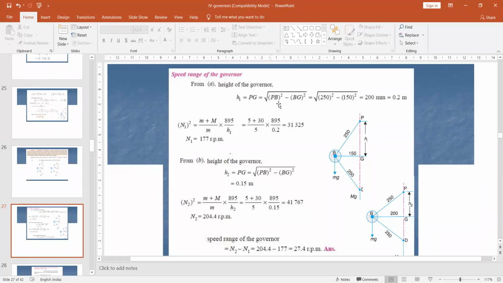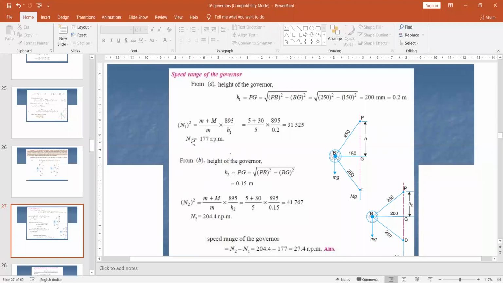Substituting PB as 250 and BG as 150, the value comes to 200 mm. H1 is 200 mm, which equals 0.2 meters.